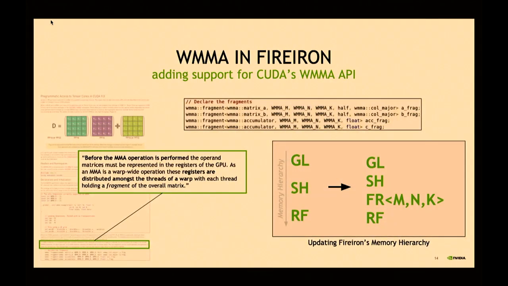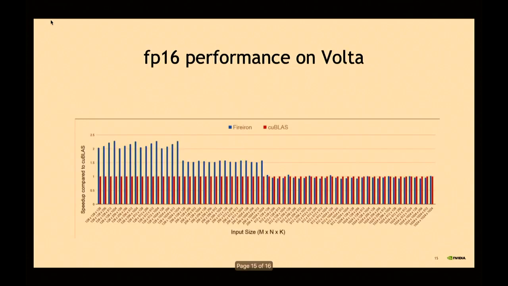Now, to do tensor cores or WMMA or MMA, we need one more concept, which is fragment. Fragments are also part of this language. I don't have time to go into all the details, but the last slide is that we implemented this language, and we tested it on a large number of sizes against cuBLAS.